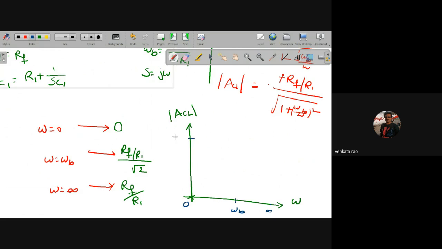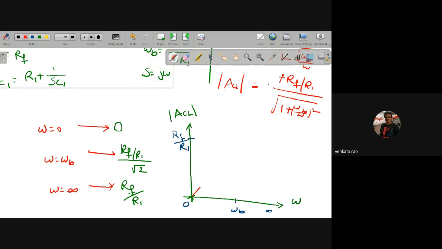This is the maximum value, RF by R1. Initially it is 0, so by increasing frequency, the gain also increases.